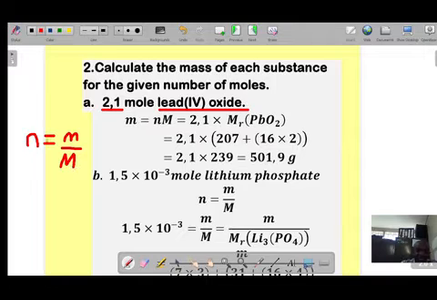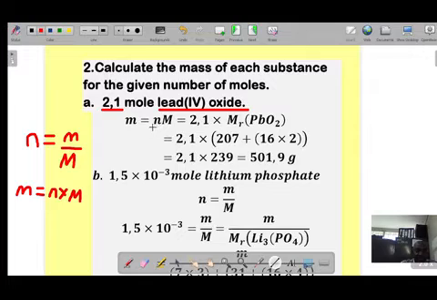So as you can see from here, if I make my small m the subject of the formula, I'm going to have my mass equals the number of moles given to me multiplied by the molar mass from the periodic table. So when I substitute, I get something like this one here.